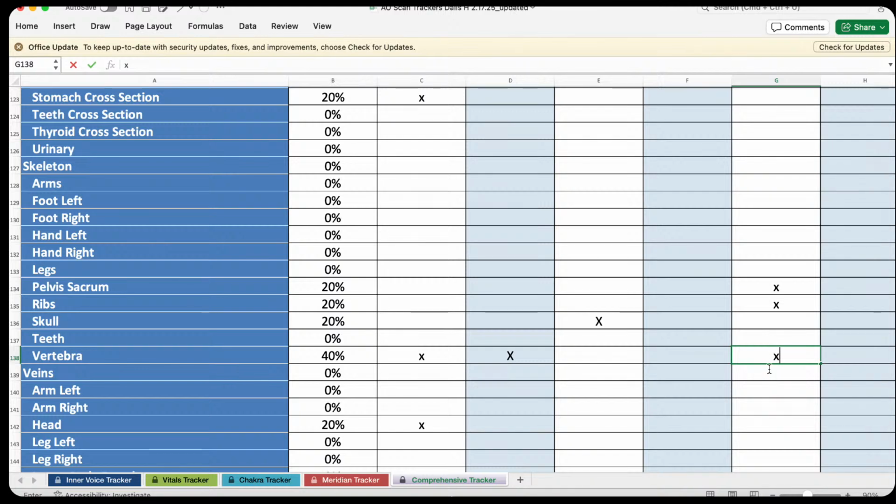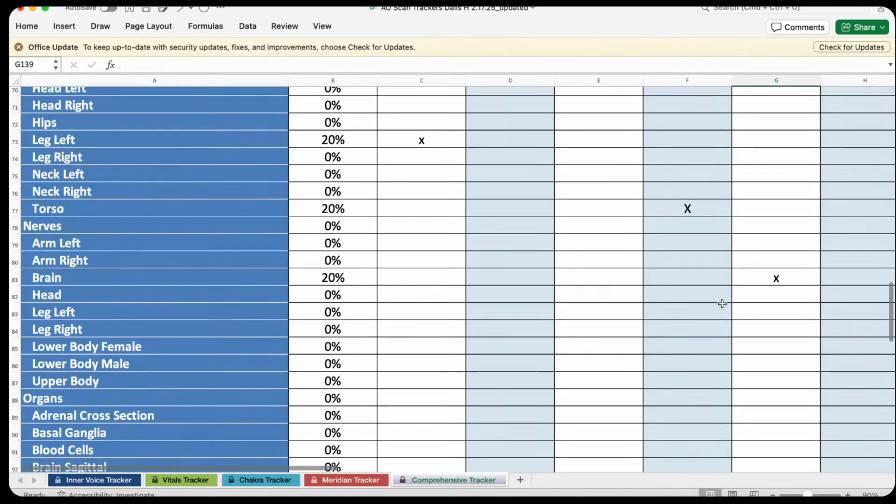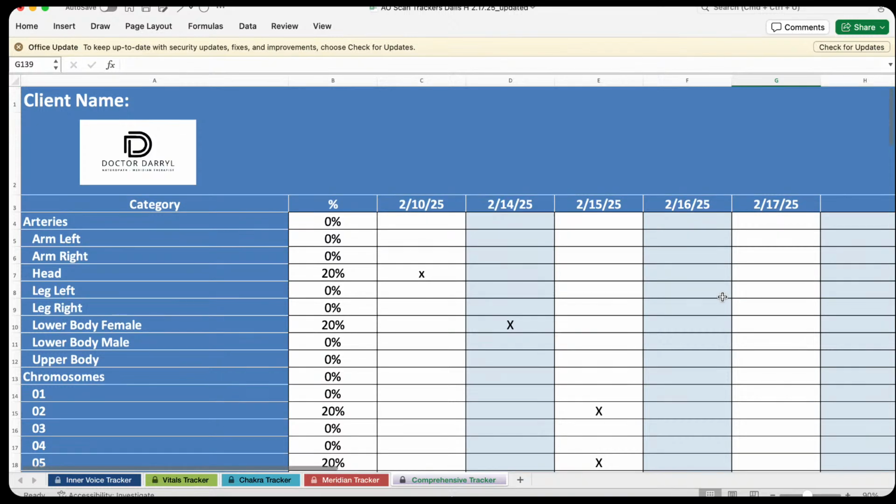Arteries, upper body. All right. Arteries, lower body, female. Actually, I put it on the lower body in the first place. I apologize. So let me just do this. Sorry.